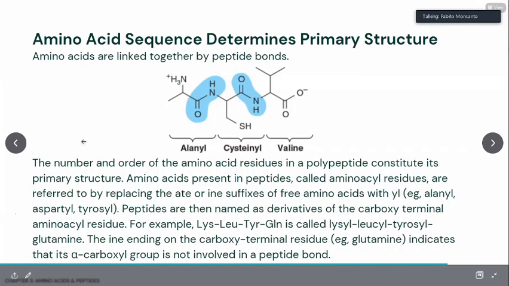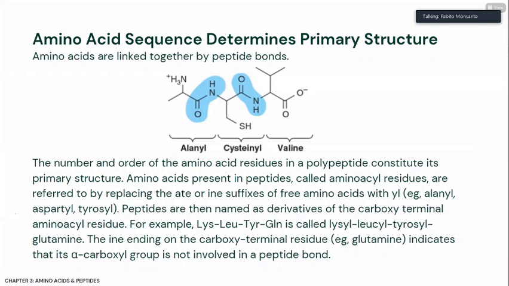So you may have several here, like glycyl, methionyl, seryl, alanyl, cysteinyl, valine. You don't call it valyl because this is the end. This is the last. So the number and order of the amino acid residues in a polypeptide constitute what we call primary structure.